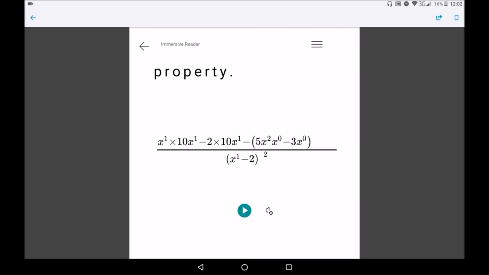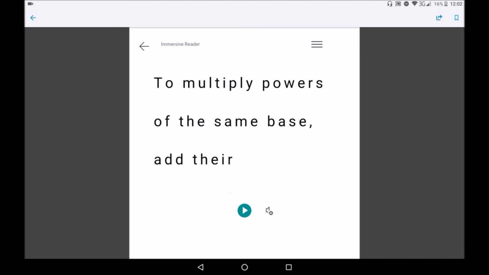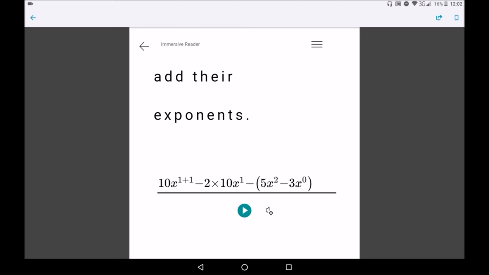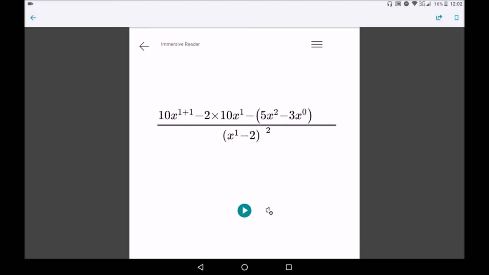Then we multiply. To multiply powers of the same base, remember, we normally add the exponents. So we add the exponents, and in the exponents we come up with this kind of result.